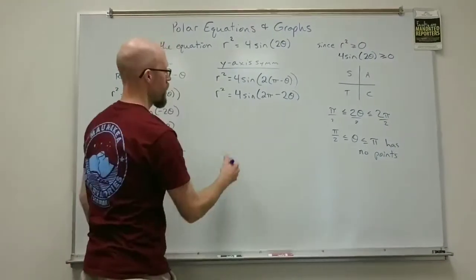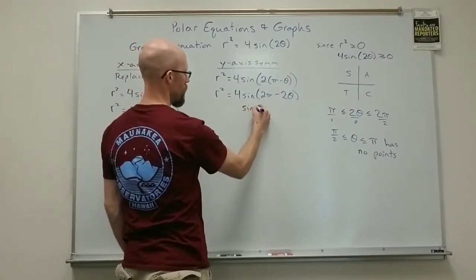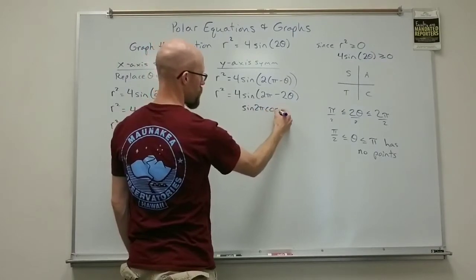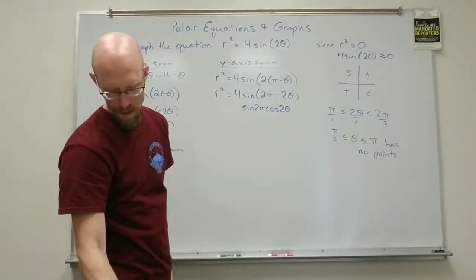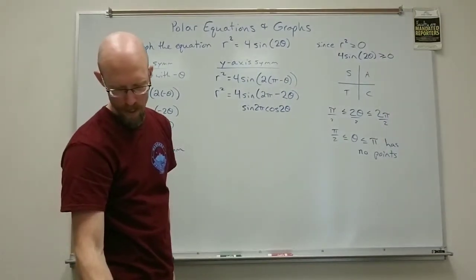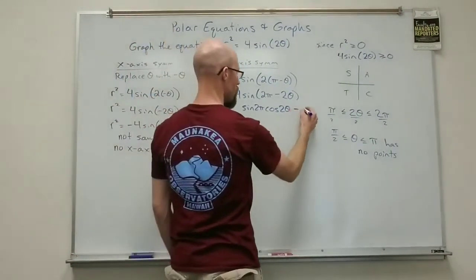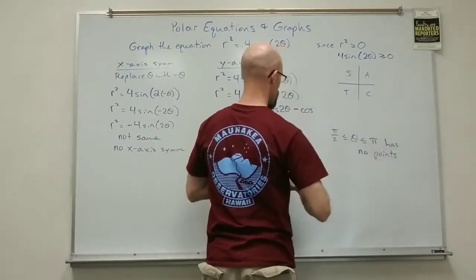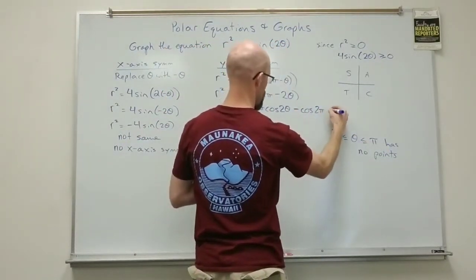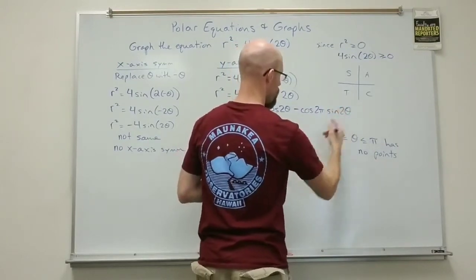It is the sine of the first angle times the cosine of the second angle, minus the cosine of the first times the sine of the second.